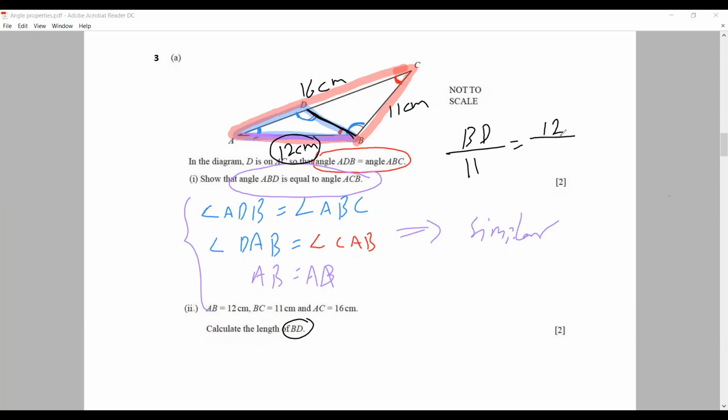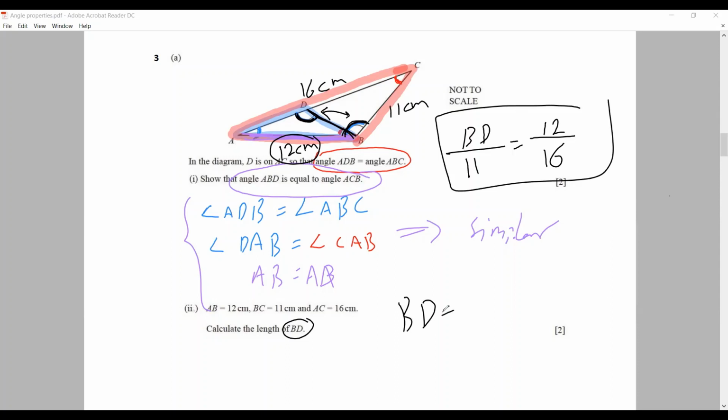So 12 is opposite this angle, and the corresponding side on the bigger triangle is 16 because these two angles are equal, right? So this is the ratio that you have to construct, and then easily you can find the value of BD by multiplying 12 and 11, and then dividing the answer by 16, which gives you 8.25 cm. So moving on to the next question.